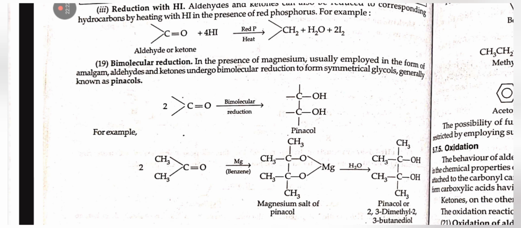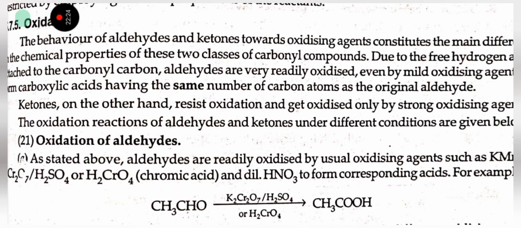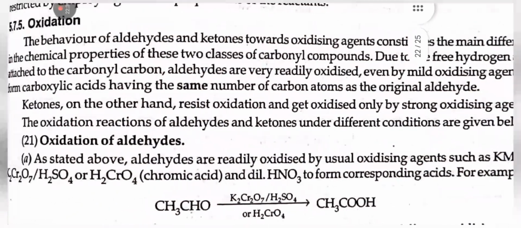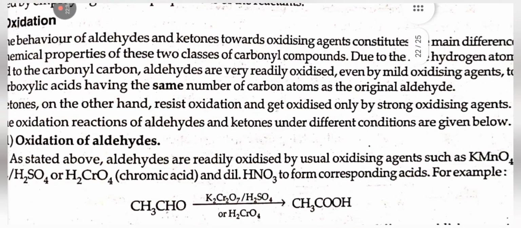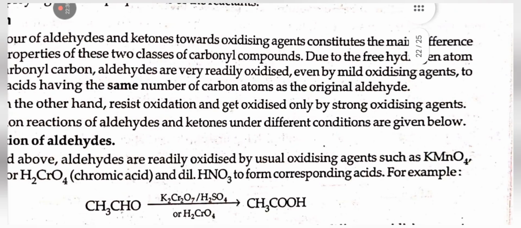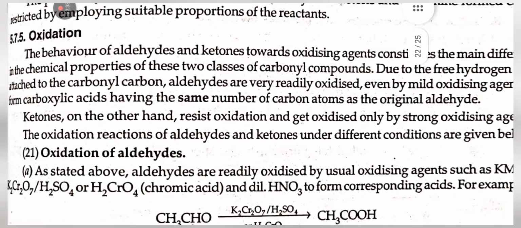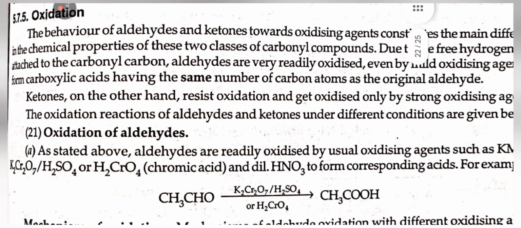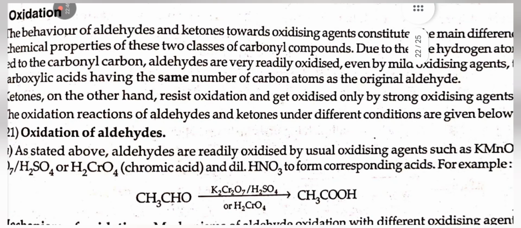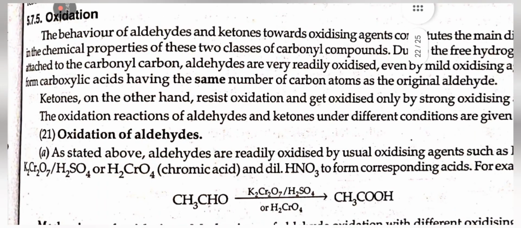Oxidation. The behavior of aldehydes and ketones towards oxidizing agents constitutes the main difference in the chemical properties of these two classes of carbonyl compounds. Due to the free hydrogen atom attached to the carbonyl carbon, aldehydes are very readily oxidized even by mild oxidizing agents to form carboxylic acid having the same number of carbon atoms as the original aldehyde.